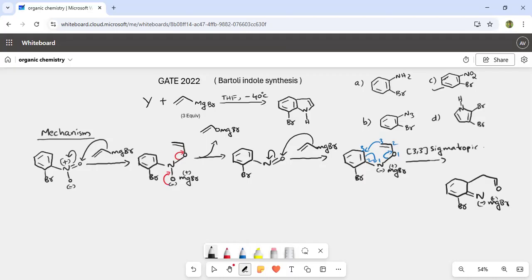C double bond O is formed. In the next step, nucleophilic attack takes place. This negatively charged nitrogen acts as the nucleophile and attacks this electrophilic carbon so that this pi bond shifts towards the oxygen.